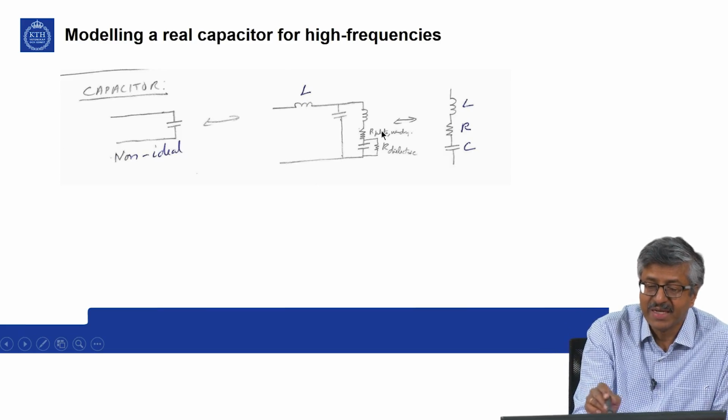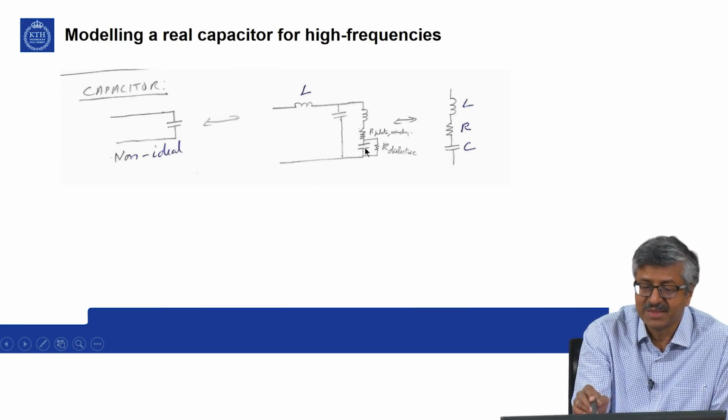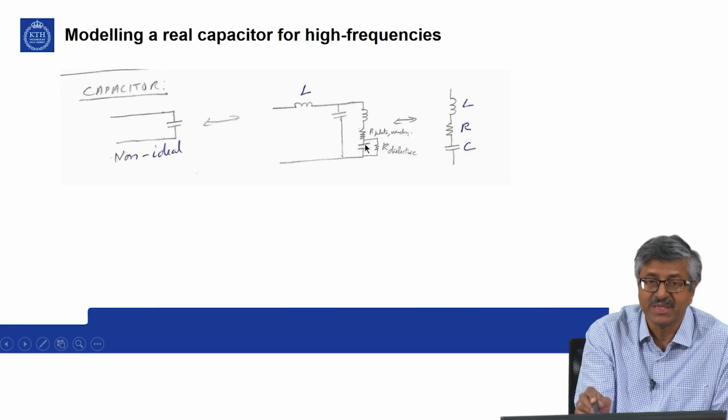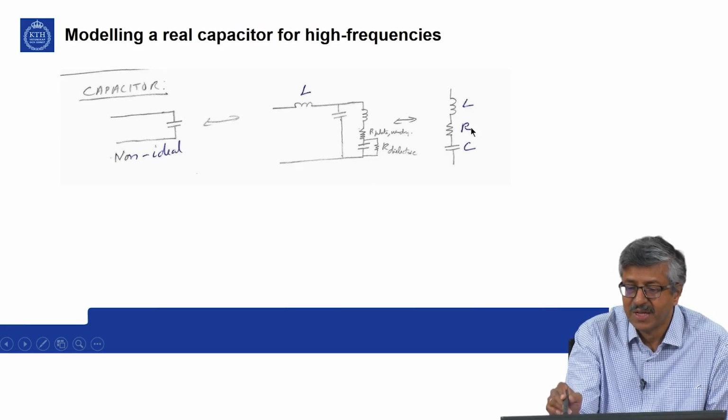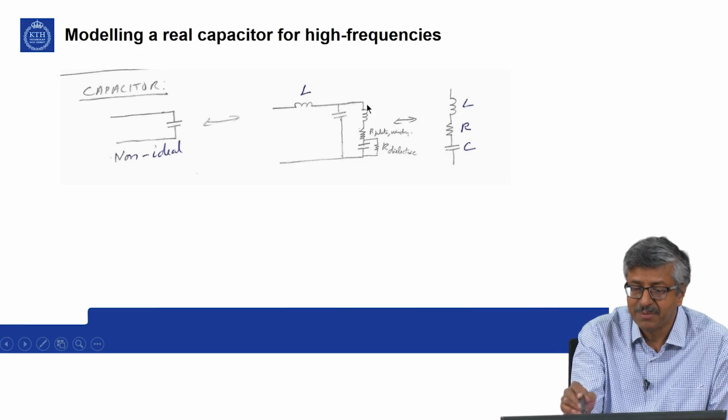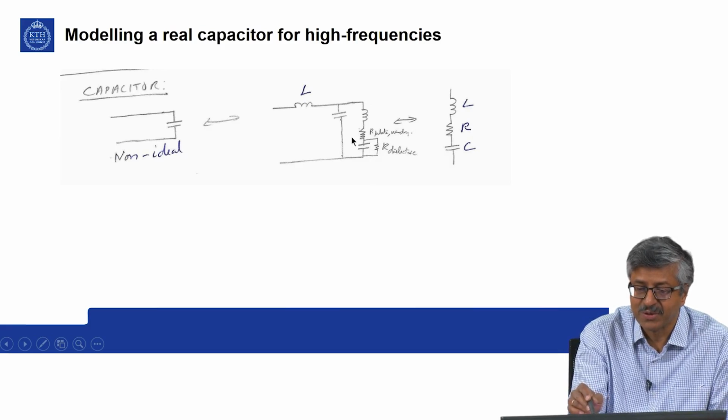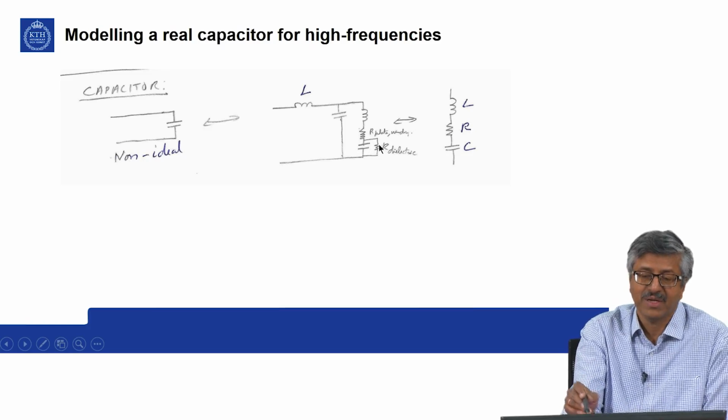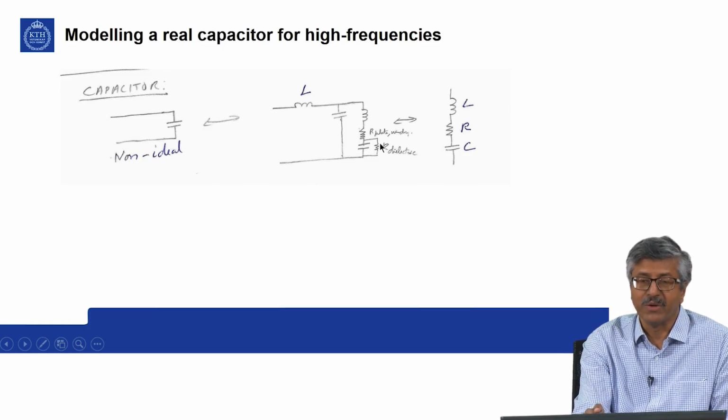You can neglect some things because usually these capacitances have high values. The lead capacitance can also be neglected or absorbed, because you are looking at capacitance values which are generally high compared to the lead capacitance.